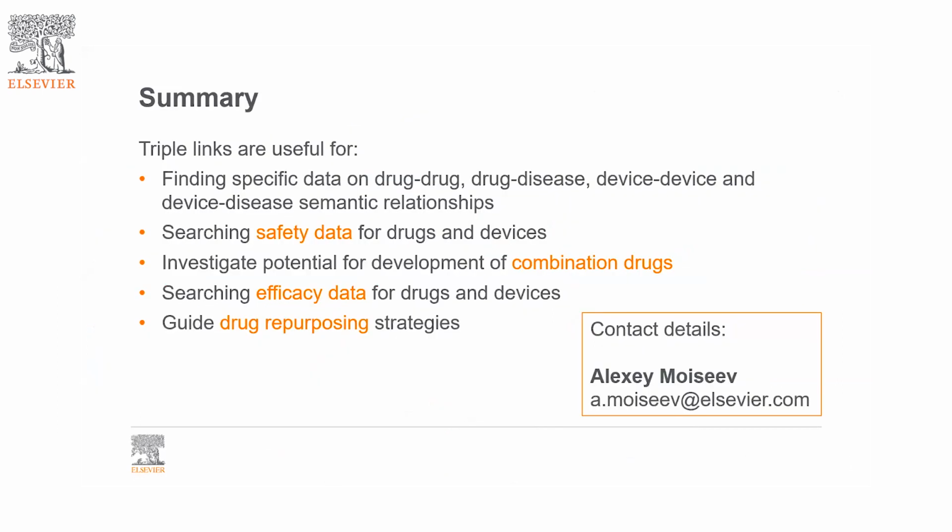This triple indexing is very useful for finding specific data on drug, disease, device, and device-disease semantic relations, and you can use it for searching safety data for drugs or medical devices, investigating the potential of developing combinations of drugs, searching efficacy data for drugs and performance for devices, and it's a good guide for reporting strategy.